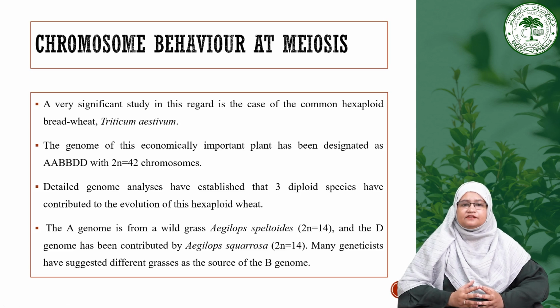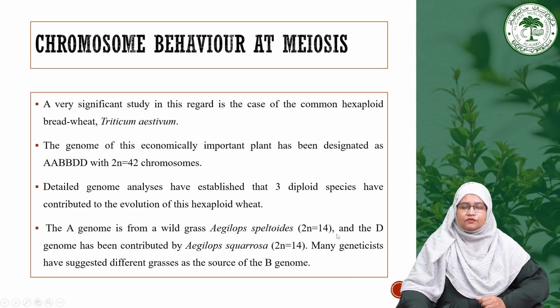Detailed genome analysis has established that 3 different species have contributed to the evolution of this hexaploid wheat, and the A genome is from the wild grass Aegilops speltoides, with 2n equal to 14, and the D genome has been contributed by Aegilops squarrosa, which also has 2n equal to 14, and many geneticists have suggested different grasses as the source of the B genome.